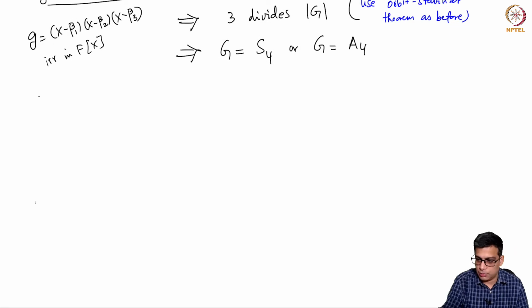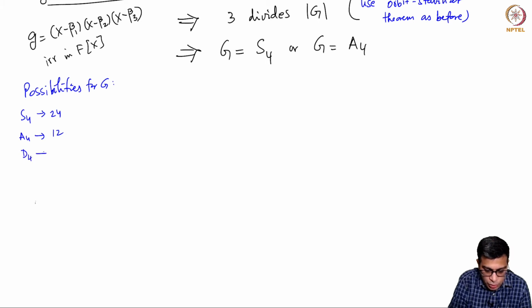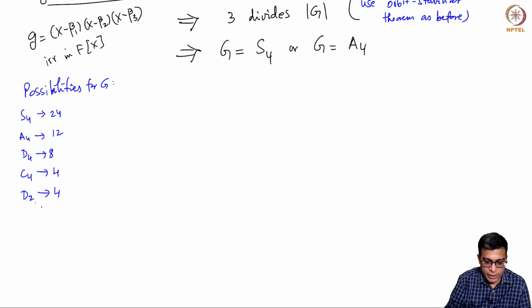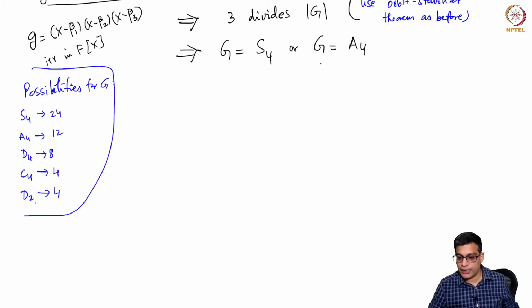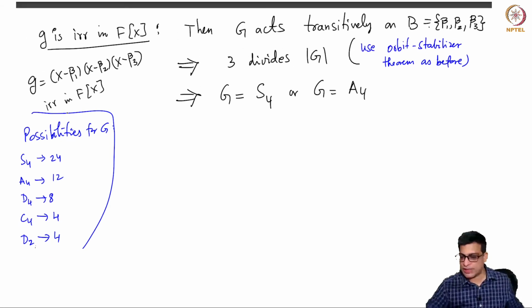Instead of going back, I'll write the possibilities for G. So S4 has order 24, A4 order 12, D4 order 8, C4 order 4, D2 also order 4. So 3 divides the cardinality of the group means it has to be the first two. So G is S4 or A4, that's good.